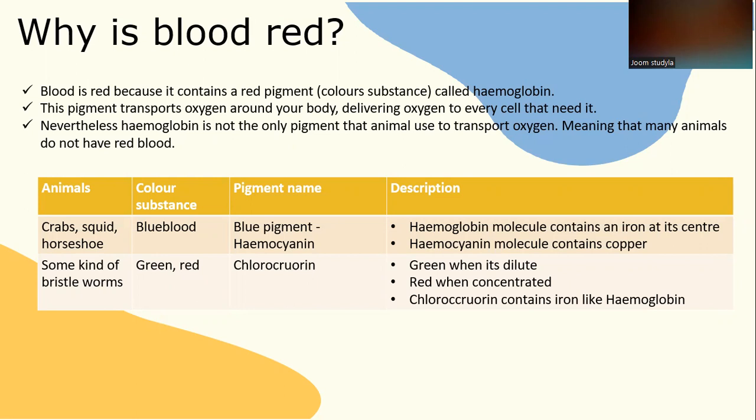Some bristle worms have green and red blood, and the pigment is called chlorocruorin. It turns green when dilute, and red when concentrated. So chlorocruorin contains iron, like hemoglobin.